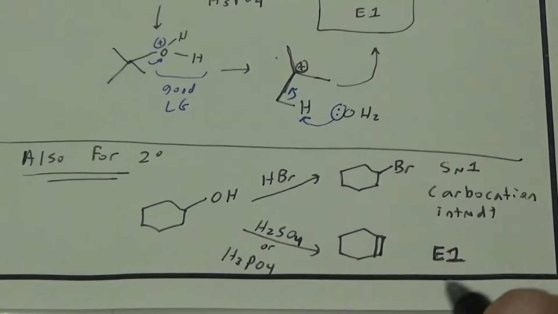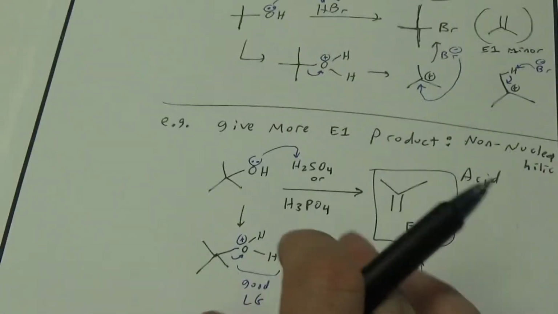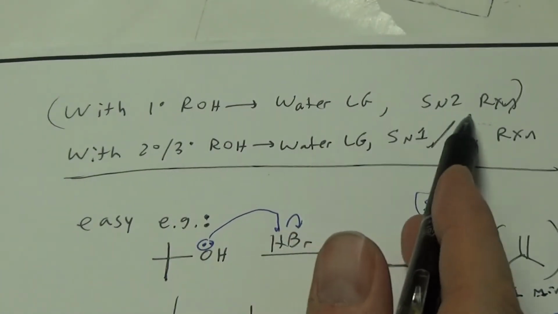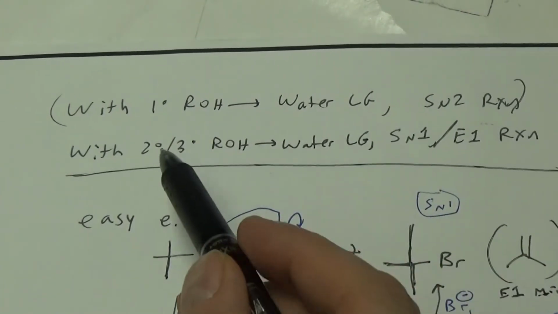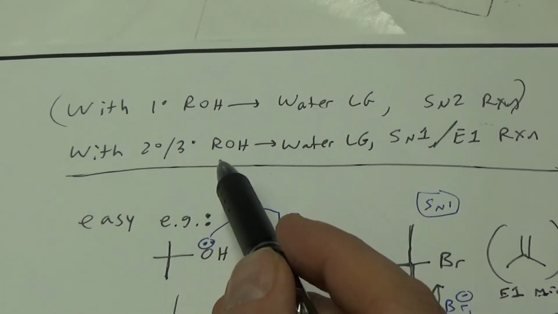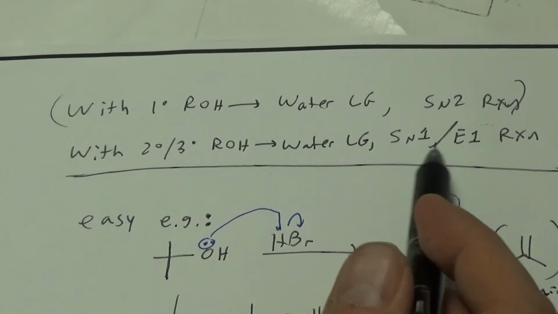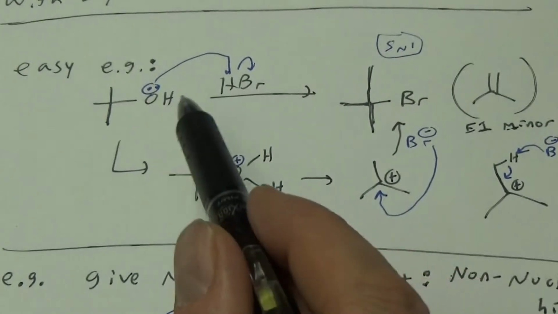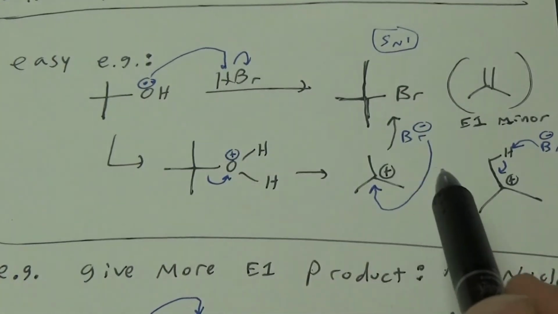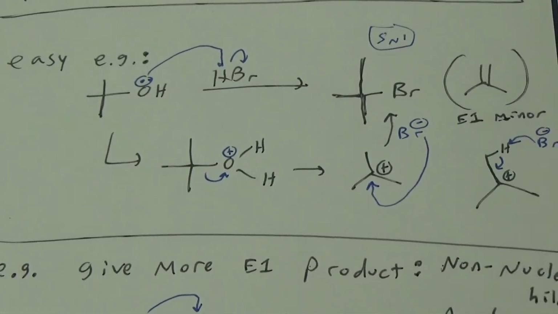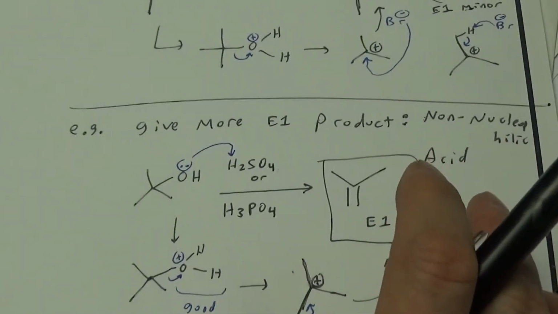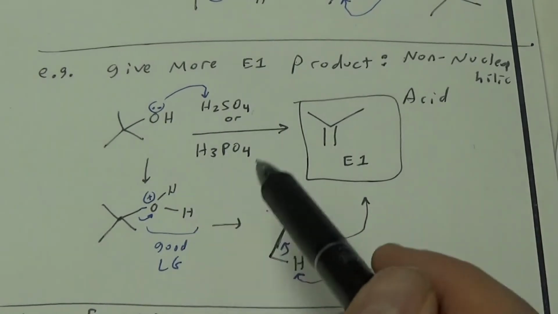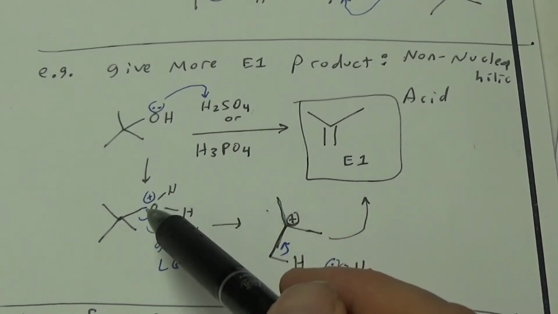Okay, so as we showed, primary, water's a leaving group and it's SN2 style. Tertiary and secondary are water's leaving group and it's going to be SN1/E1. And this was a nice tertiary example, SN1, E1 minor byproduct with a non-nucleophilic acid, H2SO4 or H3PO4.